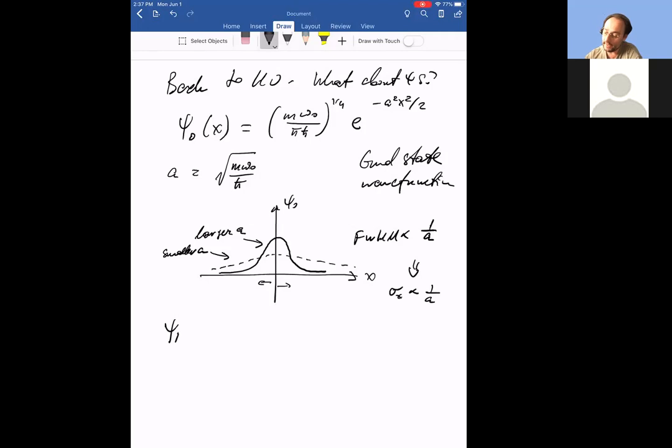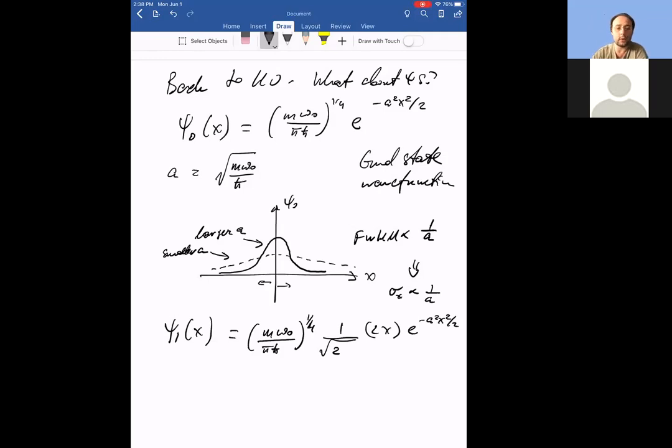Well, let me give you a first excited state wave function, and then I will show you some graphs. It's going to be, again, m omega naught over pi h bar, and you don't have to memorize that, right? So if I ask you to do some calculations for practice, of course, I will give them to you. 1 over the square root of 2 times 2x times e to the minus a squared x squared over 2.